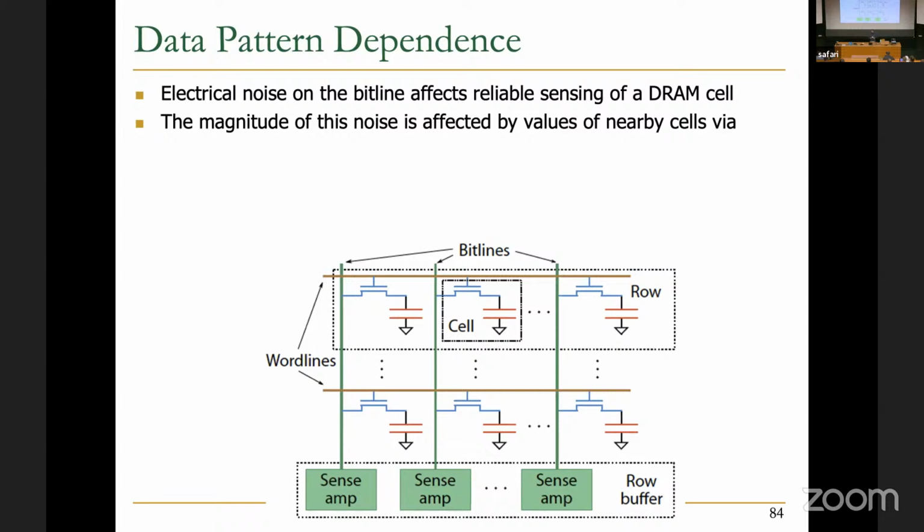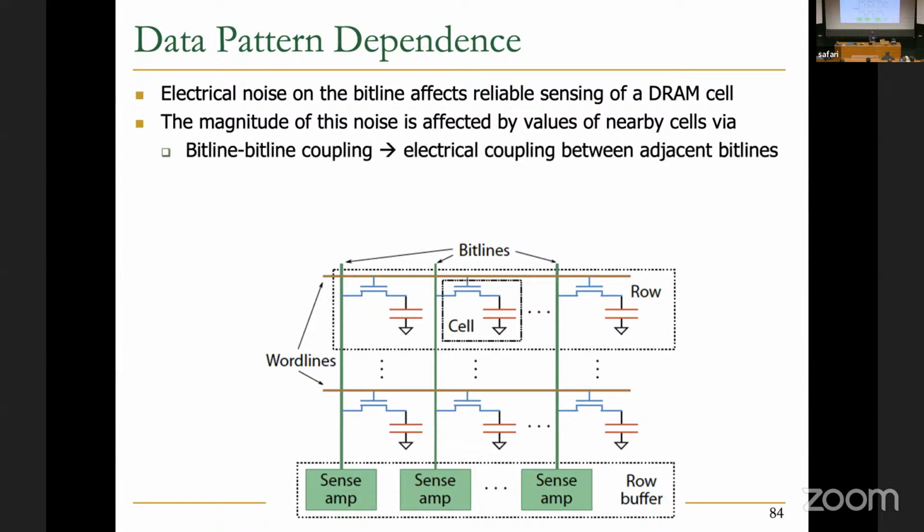But for data retention as well, this noise on the bit line affects the reliable sensing of the DRAM cell, and the magnitude of this noise is affected by the data you store in the neighboring cells. In this case, it's called bit-line coupling.